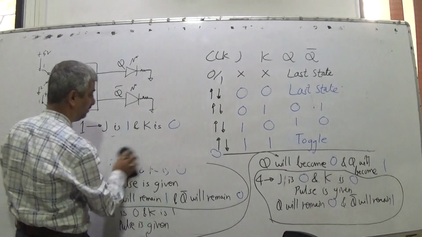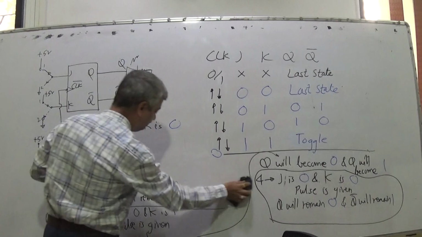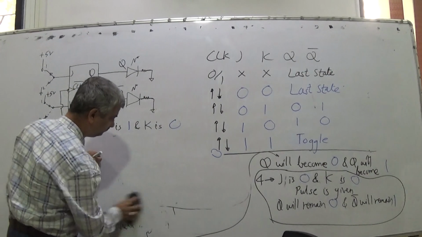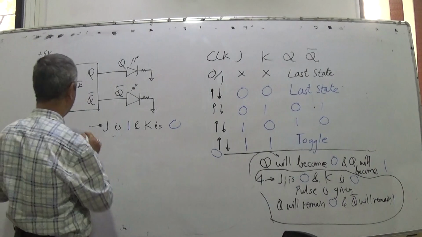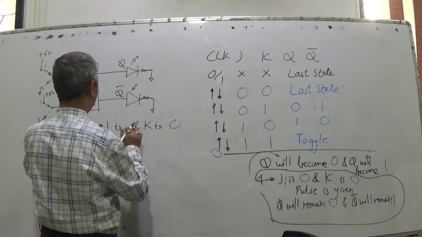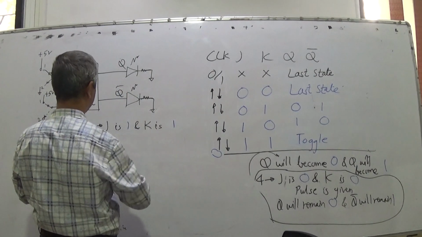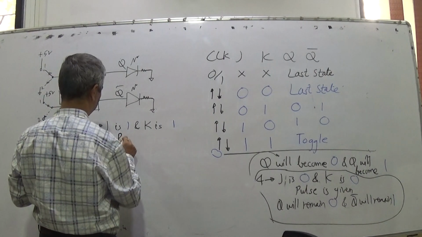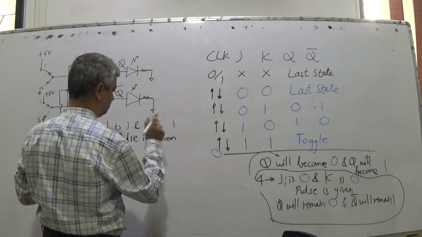After step 4, if I come to step 5, I will make J as 1 and K as 1, and obviously the pulse is given.